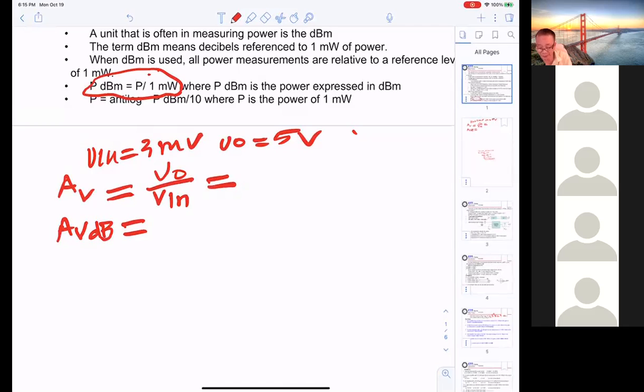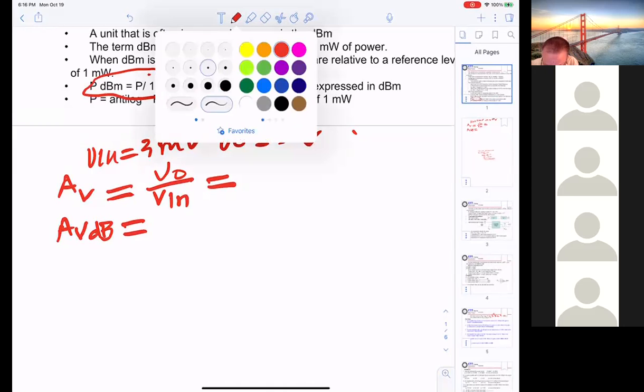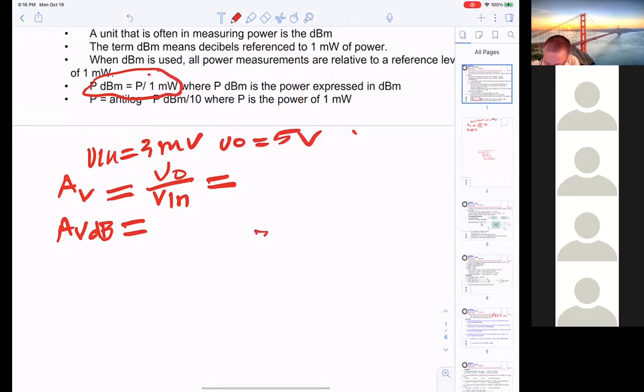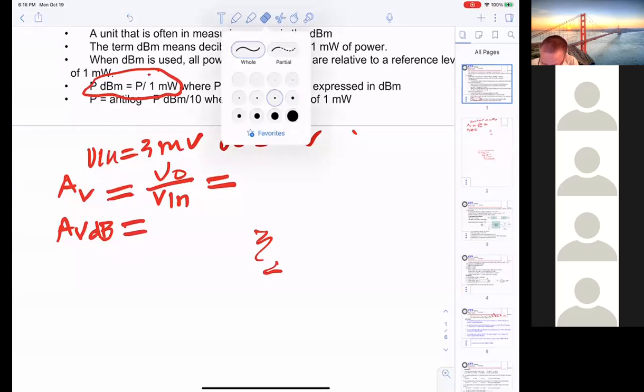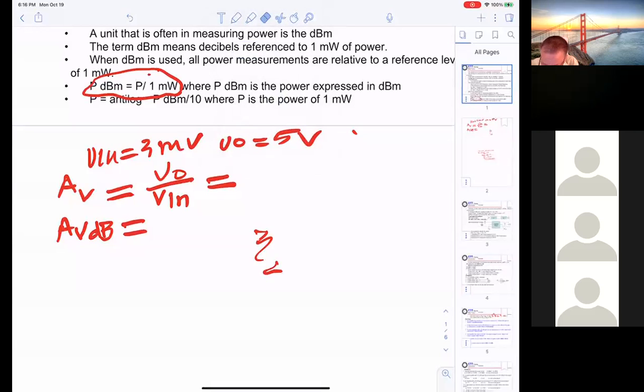Okay, go ahead and try to do the calculation to see what you get. In order to understand, make sure everyone has to do it, okay? Is it 64.4? Okay, so AV equals V out, 5 divided by 3.